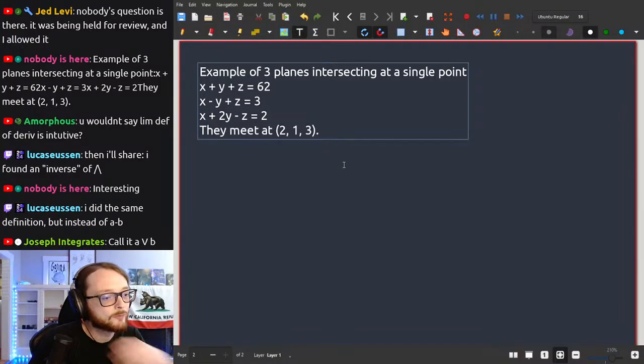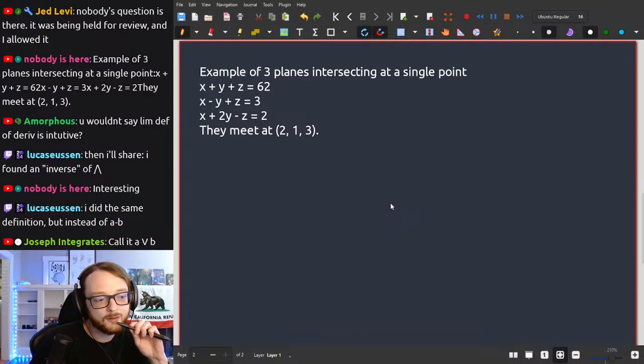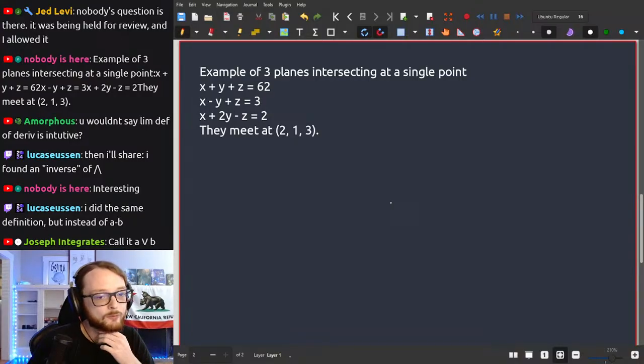You found an inverse of your wedge. You did the same definition, but instead of a minus b. So, are you sure that it's a true inverse? Because you would have an issue with 3 wedge 2.